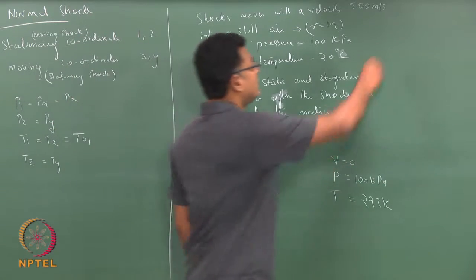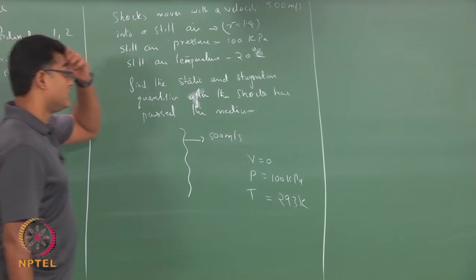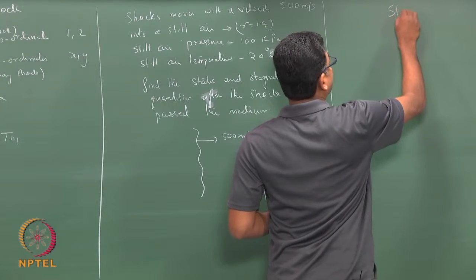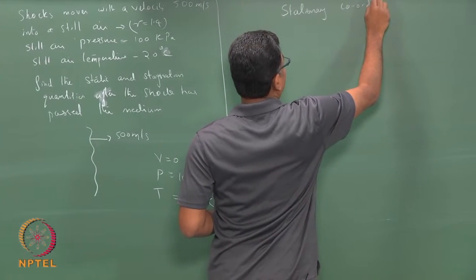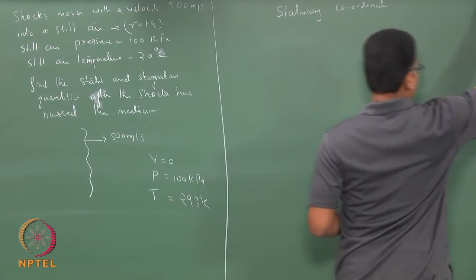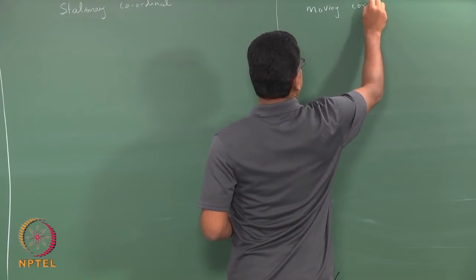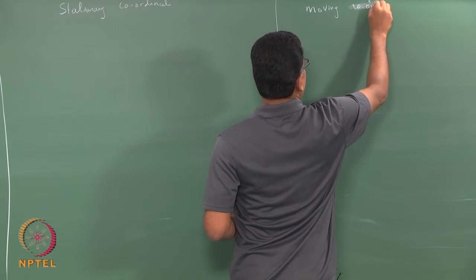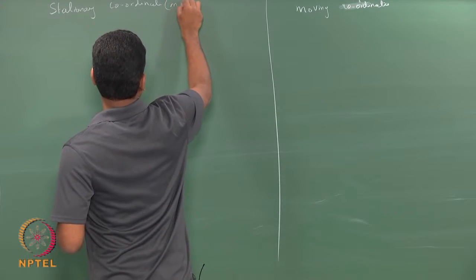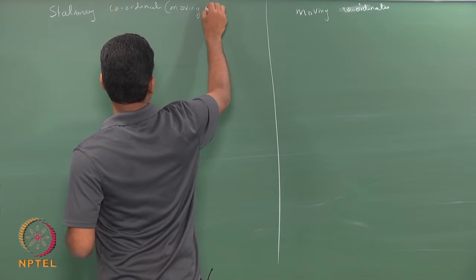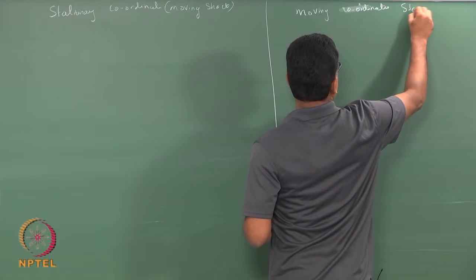Okay, so we will do the problem the way we know. So I have stationary coordinates here. I have a moving coordinates here. As I told you, stationary coordinates also means the observer is stationary, which means it's a moving shock. This is a stationary shock.